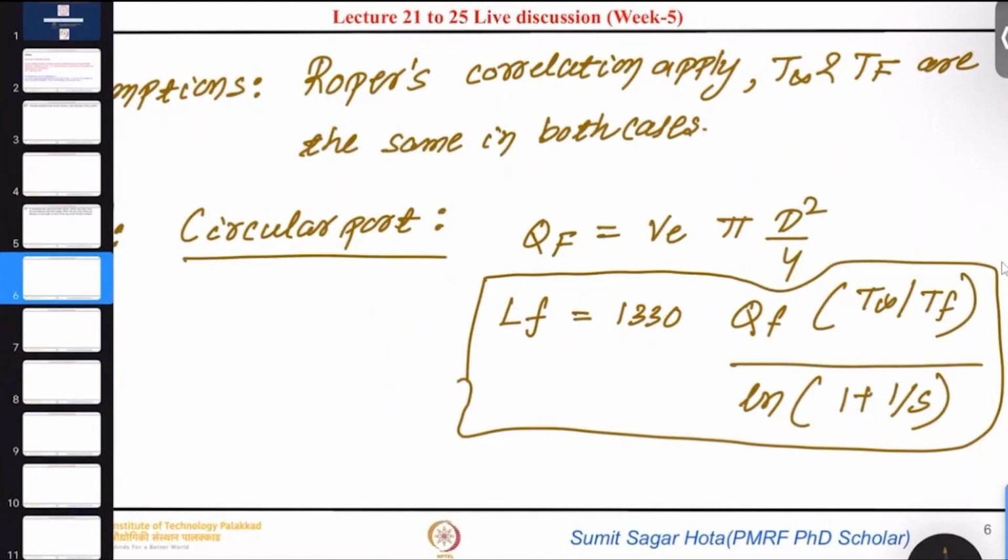And we already calculated the flame length for the circular port.